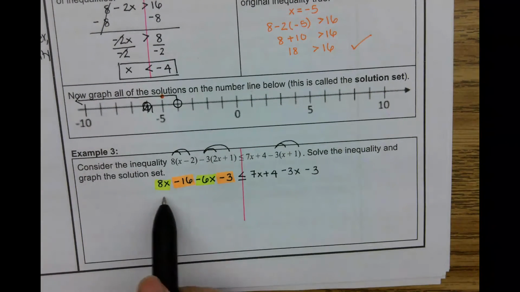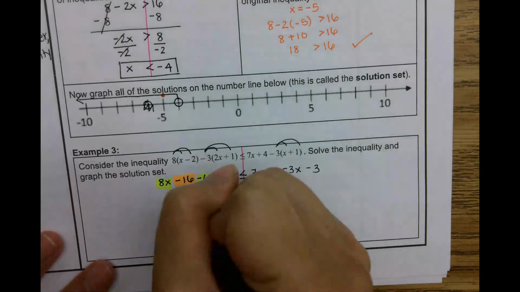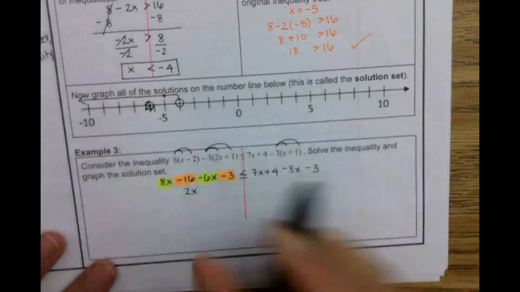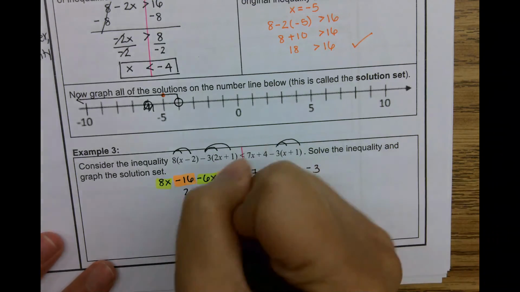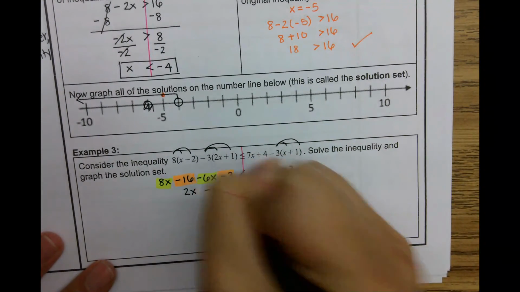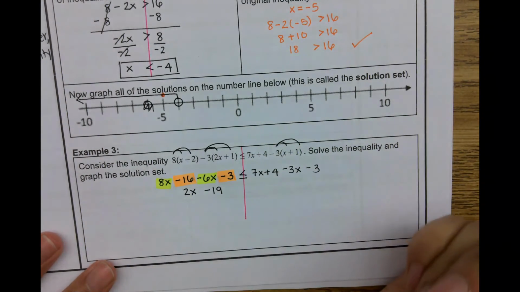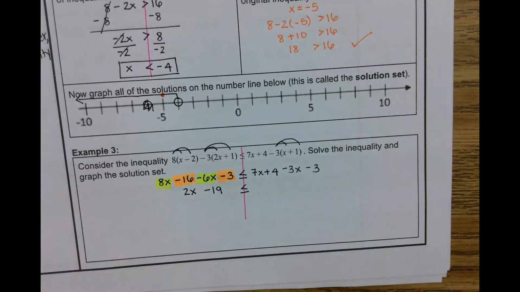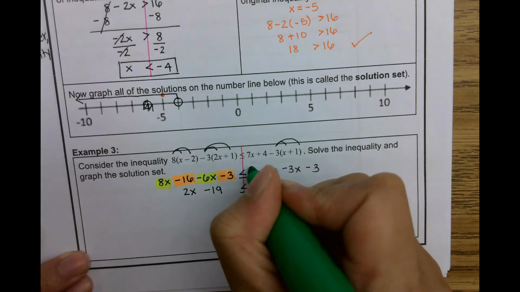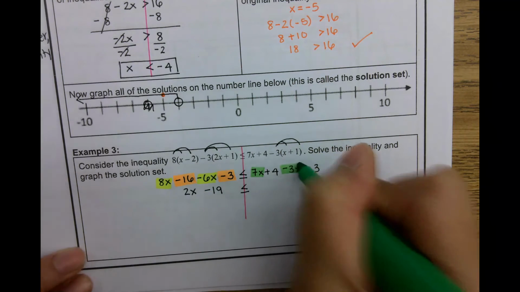So 8x minus 6x gives me 2x. Negative 16 minus 3 gives me a negative 19. I didn't multiply or divide by a negative number, so it stays as a less than or equal to. Now let's look at the right side. What do we have to combine? 7x and negative 3x are like terms.